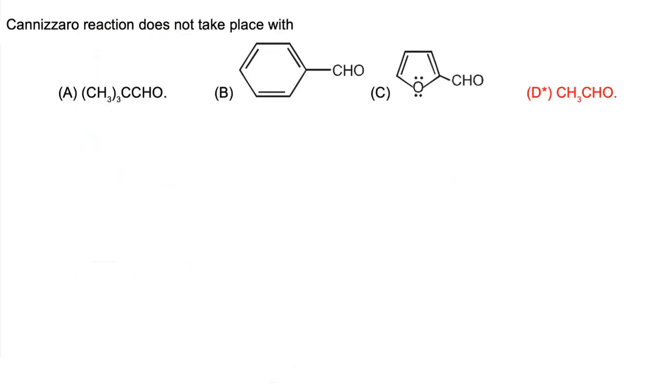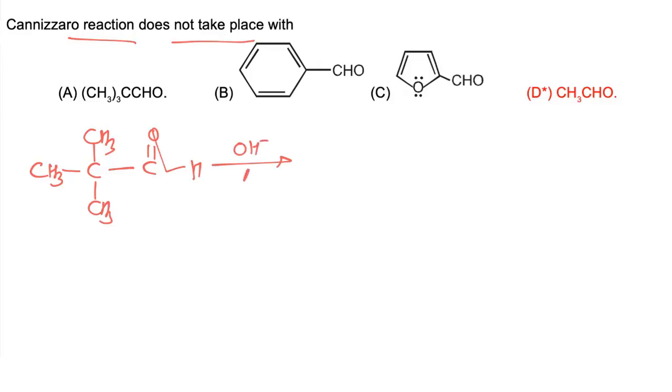In this question we have to identify the reactant in which Cannizzaro reaction does not take place. So any aldehyde which does not have alpha hydrogen will give the Cannizzaro reaction. In the first molecule, this molecule does not have any alpha hydrogen, so it will be converted to acid and alcohol.